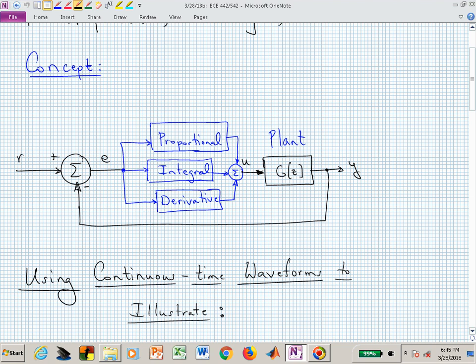So now the question was, how would you maybe realize these in an analog circuit? You could build each of these pieces with an op-amp. You know how to build a gain with an op-amp, a couple of resistors around that op-amp. An integrator might be a capacitor and a resistor, and a derivative would be switching places with that capacitor and resistor.